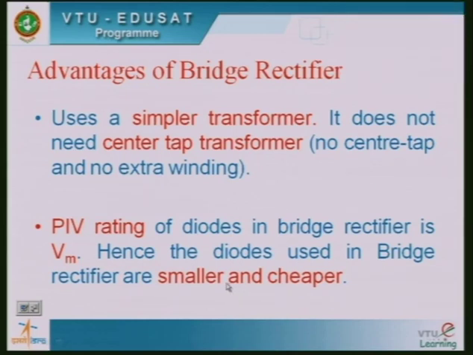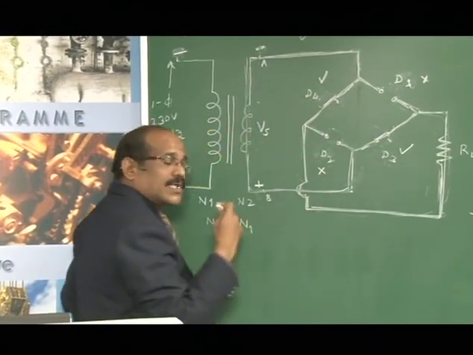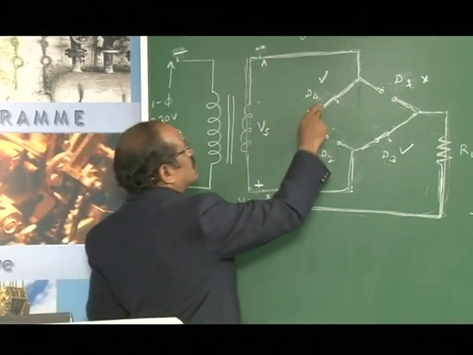Now let us see on the board how the PIV rating of the diodes in a bridge rectifier is Vm. As I told you, in the center tap configuration the PIV rating of the diode is 2 Vm, whereas here it is Vm.